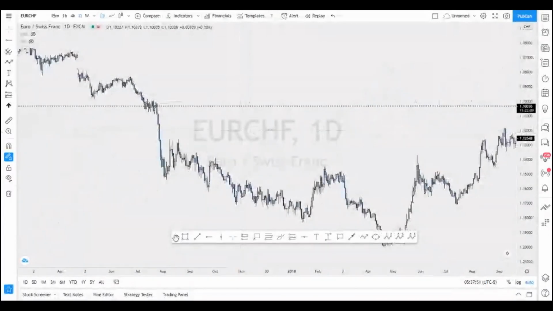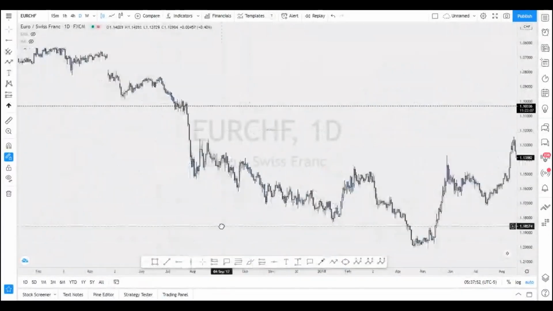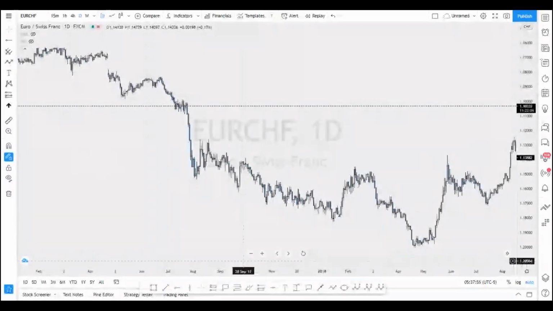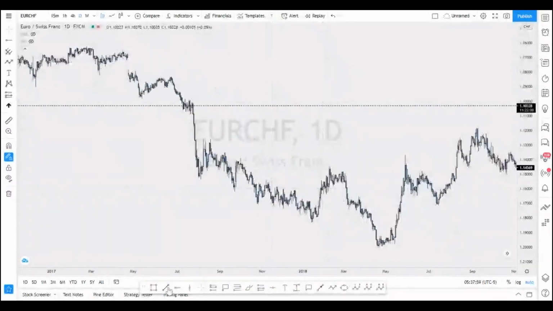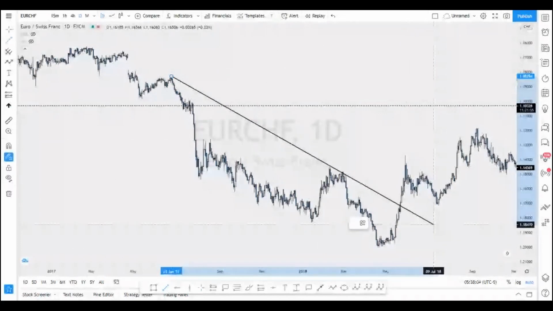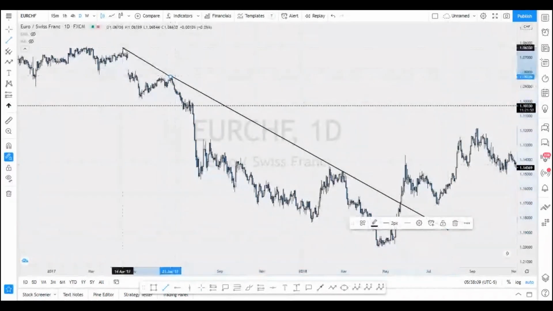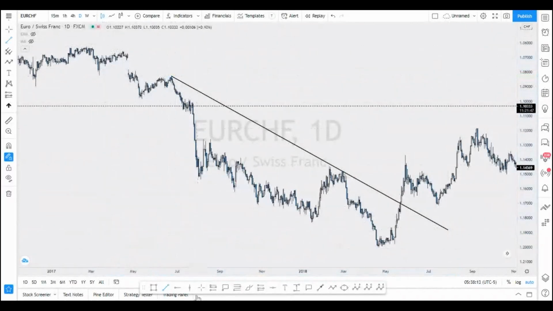Okay, so let's start with the down one, or the downtrend. Now look at this. Okay, a minute, let me just draw this properly.